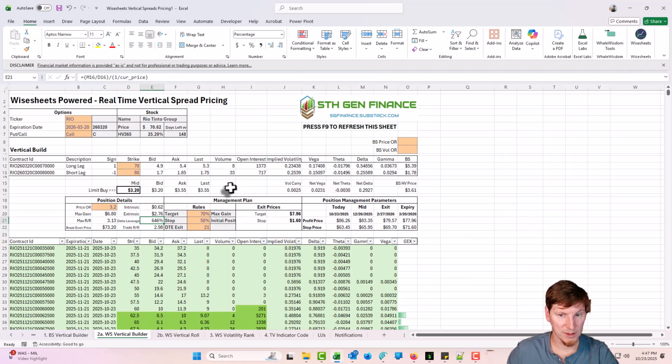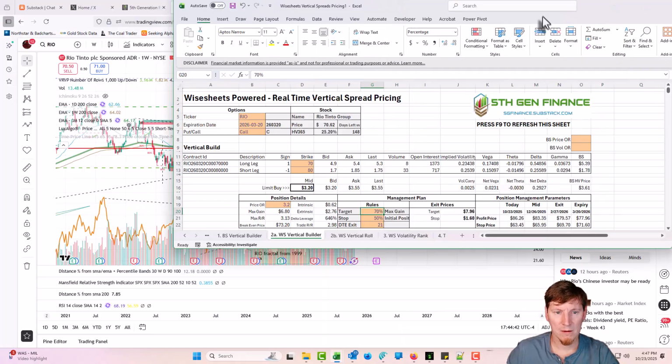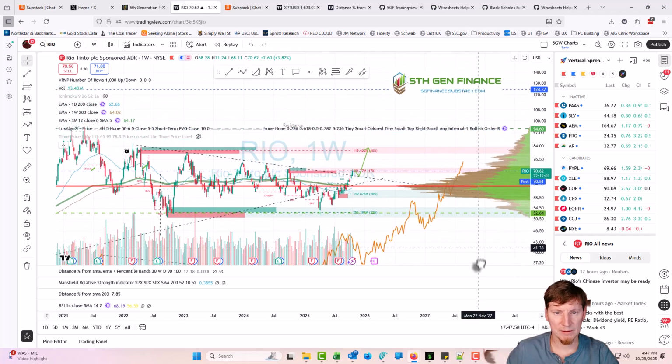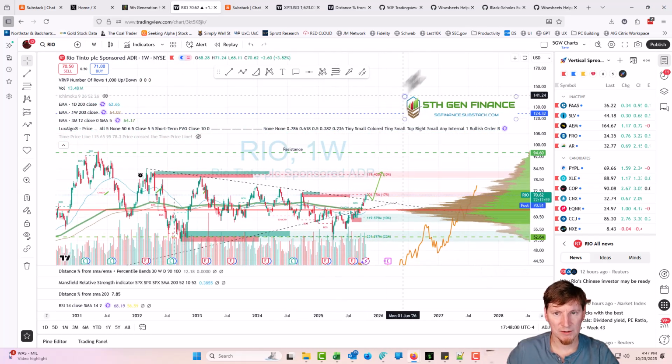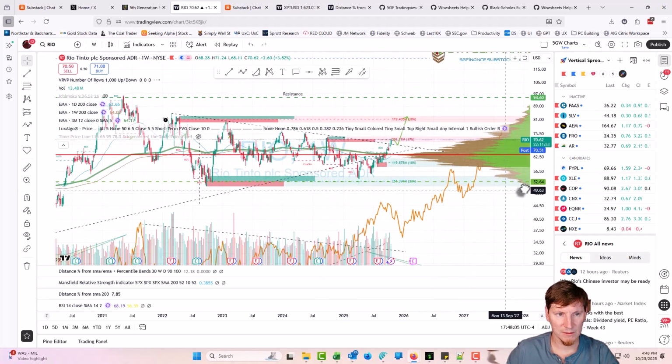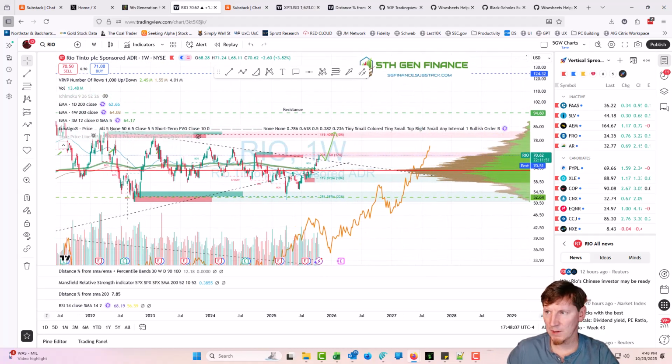The delta is very beefy. I'm going to use a 70-50 stop and target. I would tell you most likely this guy could actually get kind of vertical if it does what it did last time, which means we're going to be rolling the spread until we run out of steam.